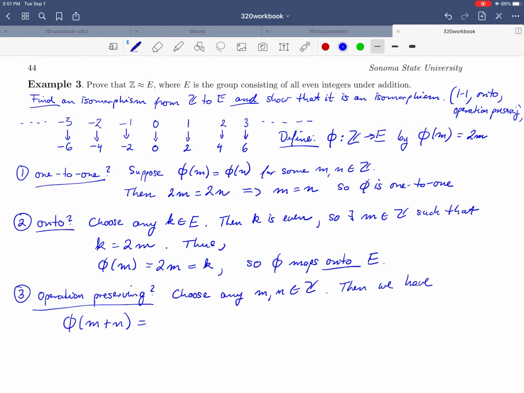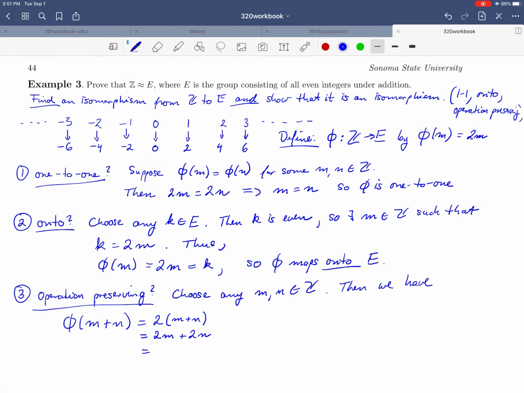Well, m plus n is in Z. Phi sends m plus n to 2 times whatever m plus n was. So this is what we have. But 2 times m plus n is 2 times m plus 2 times n, because we are in the world of integers right here.